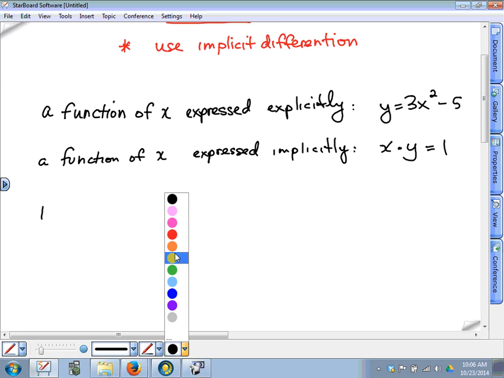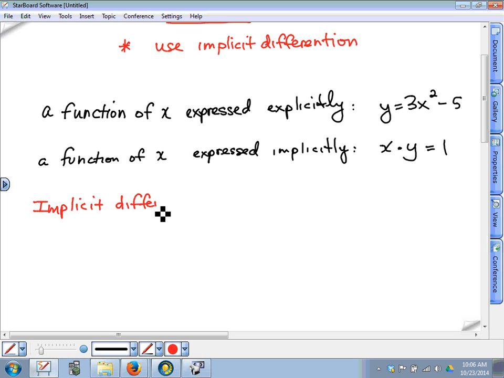So let's talk about what implicit differentiation is. Implicit differentiation, all it is, it's a form of the chain rule.